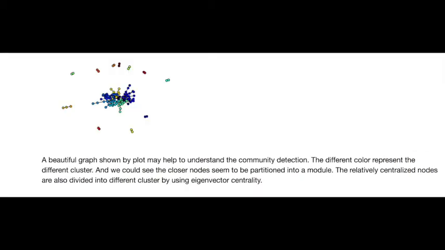Here we just draw a beautiful graph that presents community detection in our network dataset. The different colors represent different communities, and probably the nodes within the communities might have similar information or behaviors. So because of that, they form a community.